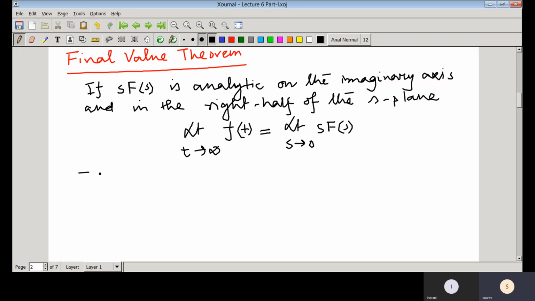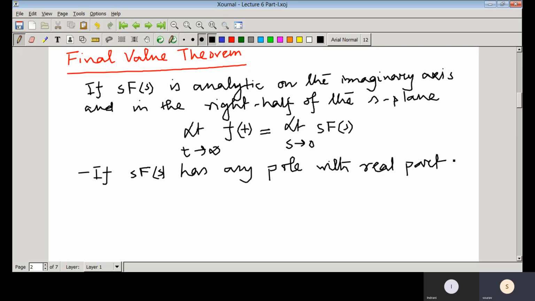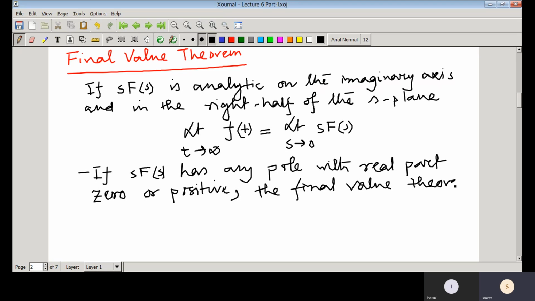That means if sF(s) has any pole with real part 0 or positive, the final value theorem is not applicable.